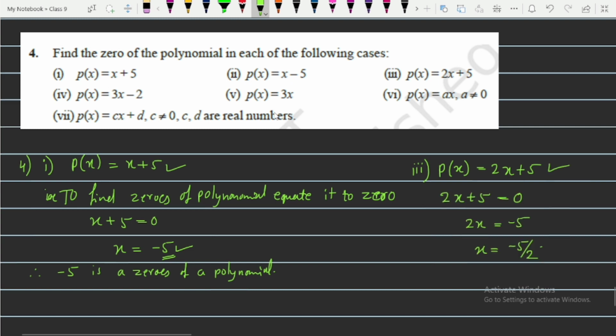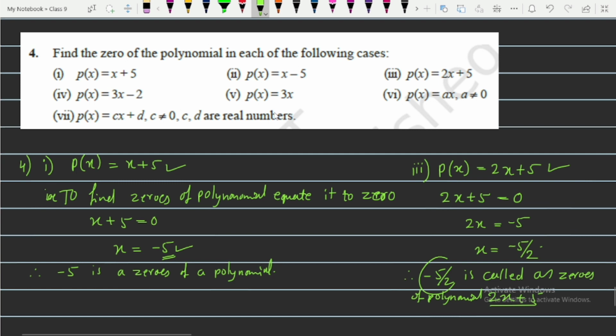Yes, you can verify that by putting x equal to -5 by 2. Yes, it will come 0, right? So therefore again -5 by 2 is called a zero of the polynomial 2x plus 5.